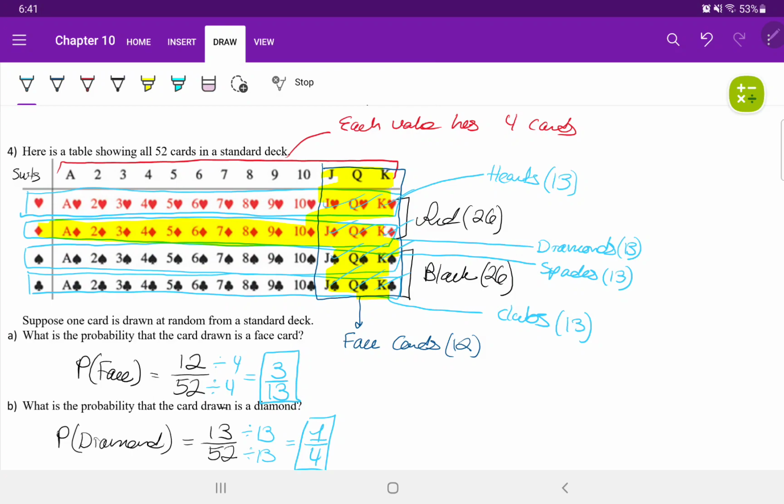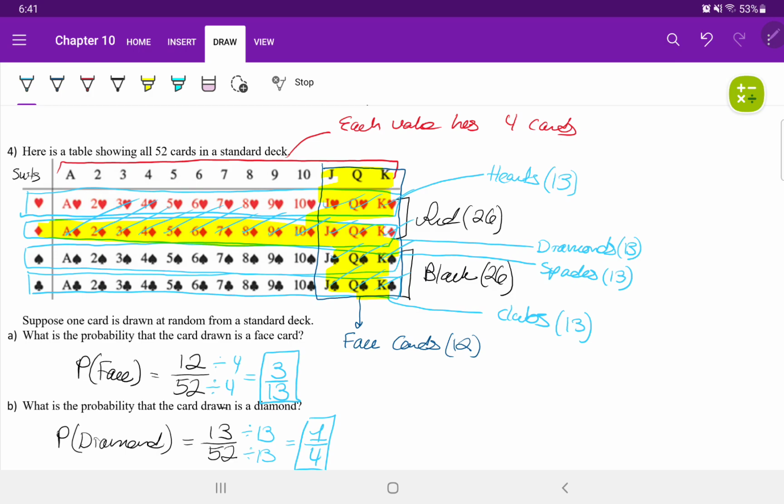So when I count my diamonds, you do not count the Jack, Queen, and King of Diamonds again. They've been counted one time. Do not double count. So far, we are at 12, 13, 14, 15, 16, 17, 18, 19, 20, 21, 22. There are 22 cards that can either be a face card or a diamond.